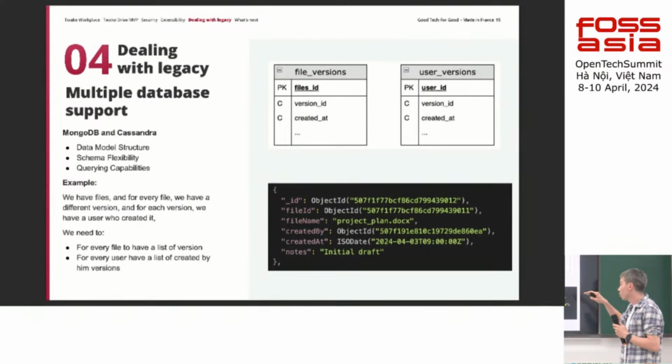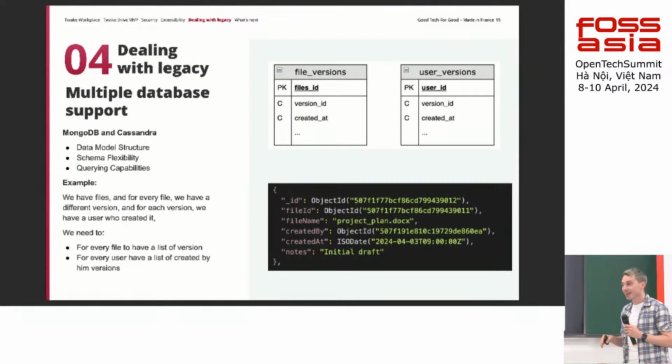You have file versions with the partition key file ID and version ID and created at as a clustering key, or you can convert it in time as you need, no matter. And you have user versions with the partition key user ID and the clustering key version ID and created at. So this is two tables.